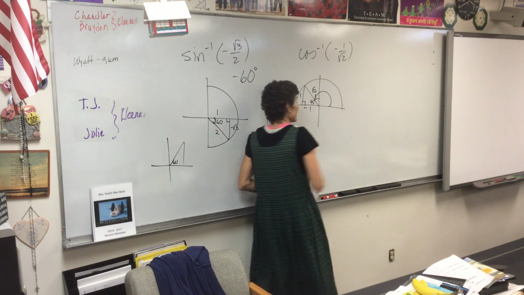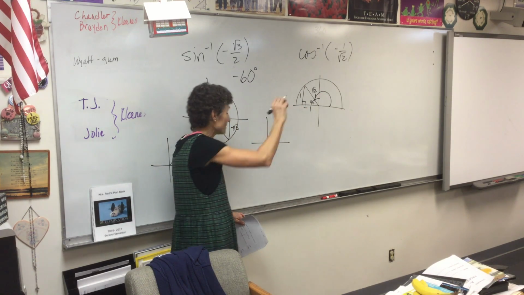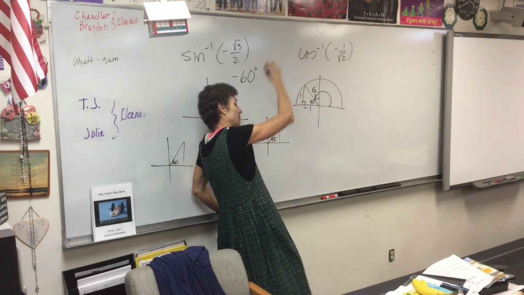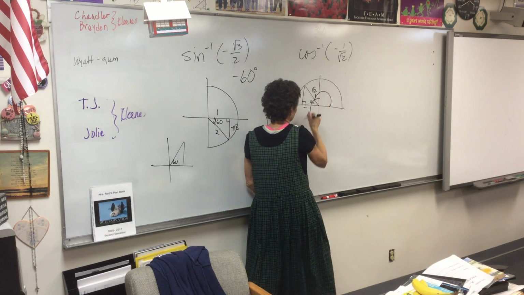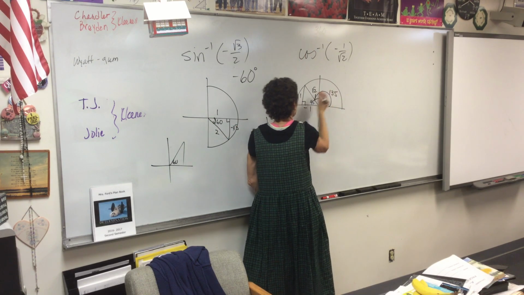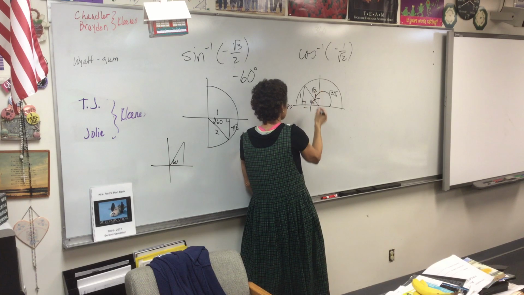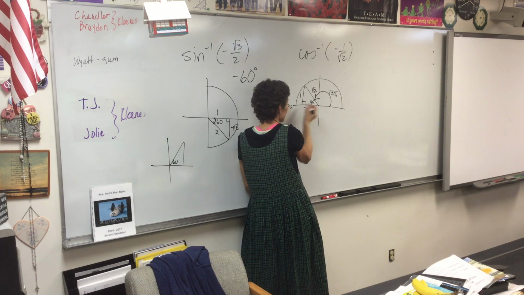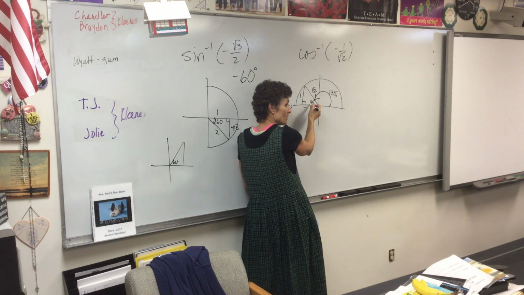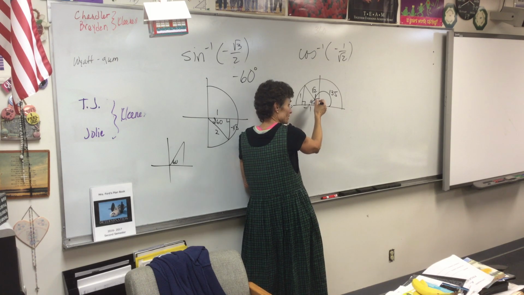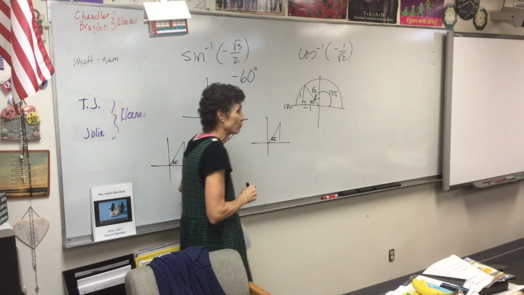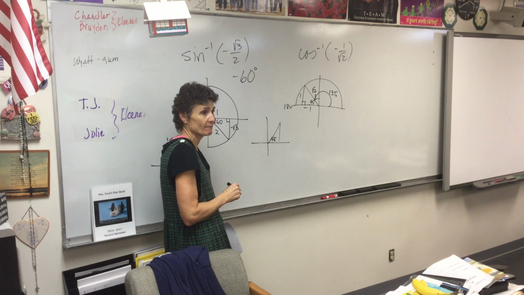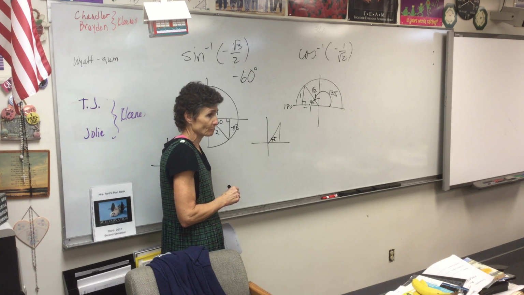This is the angle. I'm not going down, I'm going up and around. How big is it? 135. And in case you can't figure out how we knew that, this is 180. If we came all the way around, it'd be 180. We skipped 45, so 180 minus 45, 135 is the answer.